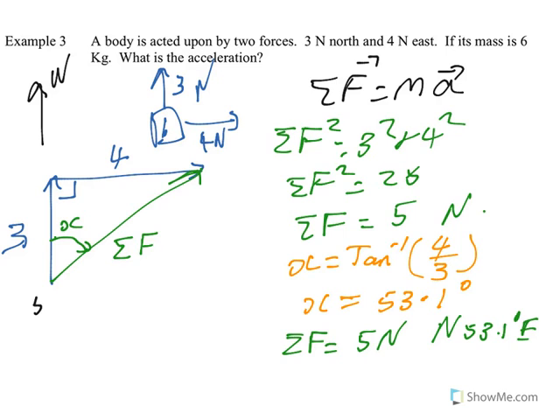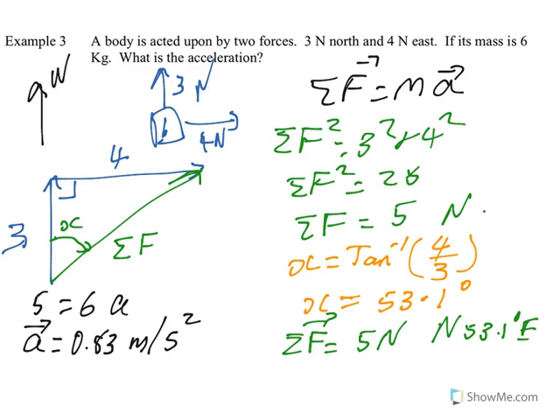So 5 equals 6a. Divide both sides by 6, which becomes 0.83, and that's metres per second squared. And don't forget that the direction of the acceleration is the same as the direction of the sum of the forces. And so that is north 53.1 degrees towards the east.